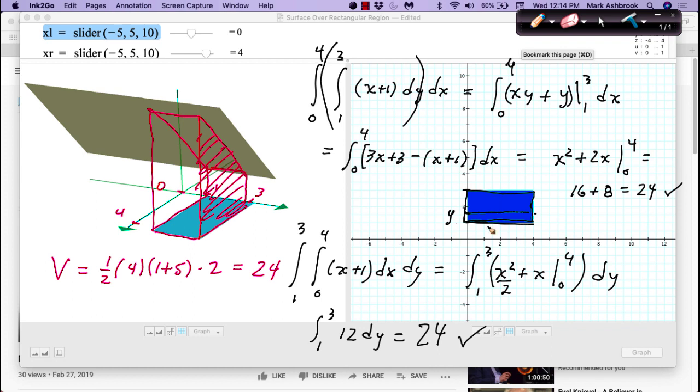That kind of ease of changing back and forth is only possible when you have a rectangular region like that. We're going to do non-rectangular regions next. If it's a rectangular region, you can just swap your order, swap from dx to dy, swap your limits, and it'll work out.